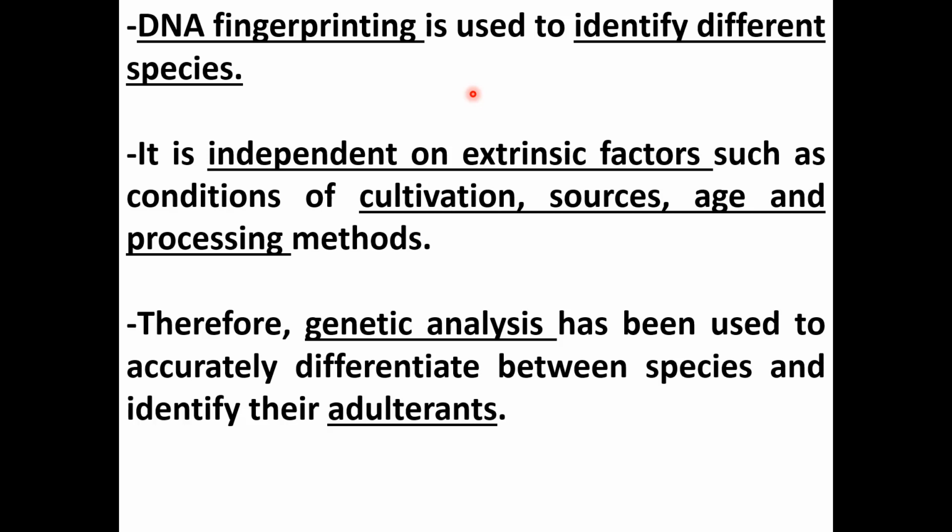It detects the nucleic acid of the plant, which is not affected by these conditions. Therefore, this genetic analysis or DNA fingerprinting procedure was used to differentiate between species and identify their adulterants.